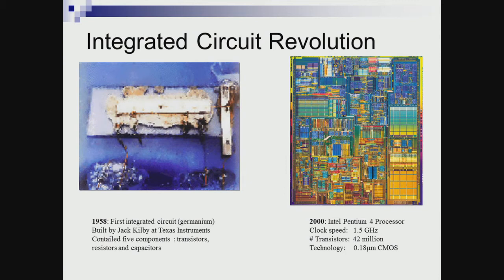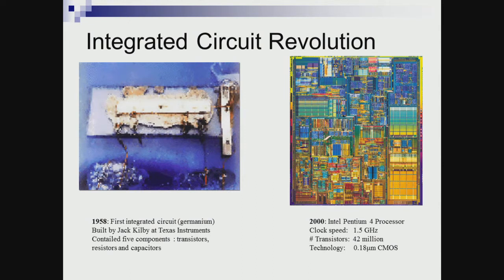He made one substrate which had 5 components, a couple of transistors, resistors and capacitors, all existing on the same substrate, as you see on the left hand side of your screen. This means I could put different components of the circuit on the same substrate, and that formed the basis of what we call an integrated circuit, where we integrate multiple varieties of components, different types of transistors, etc., on the same substrate to realize certain functionality.